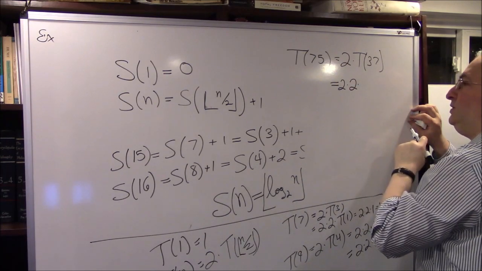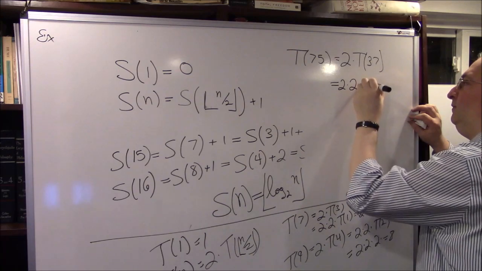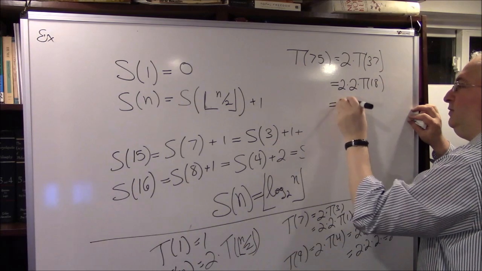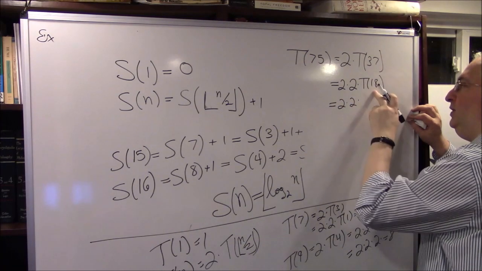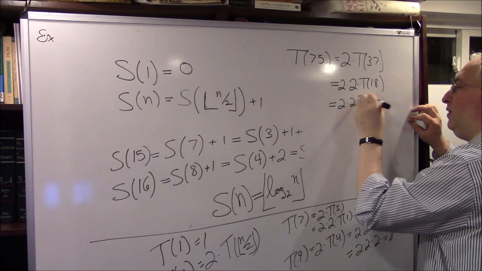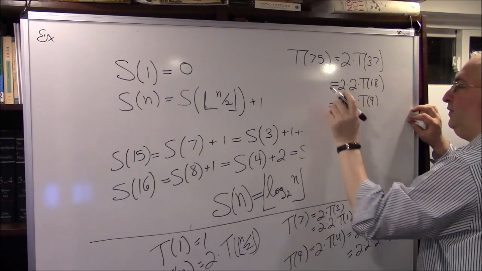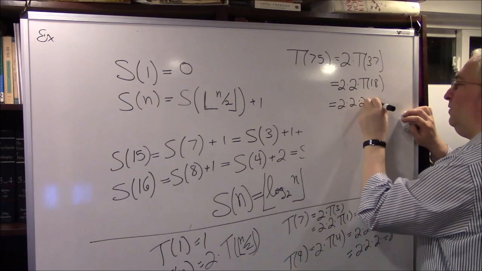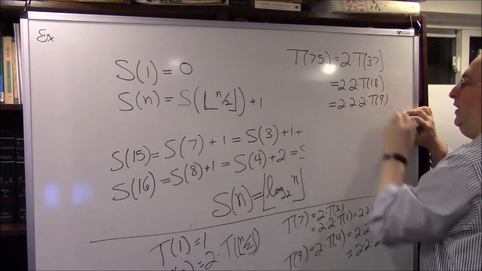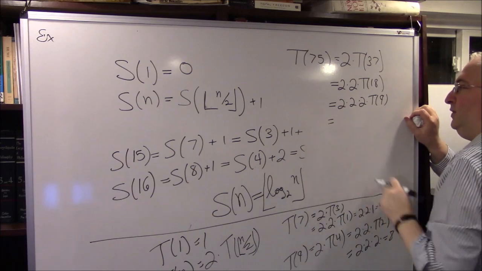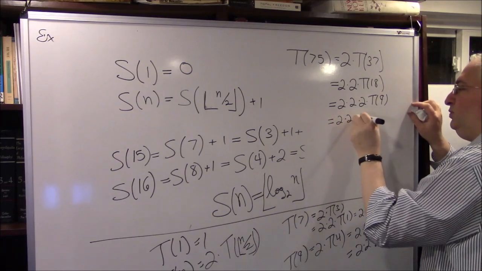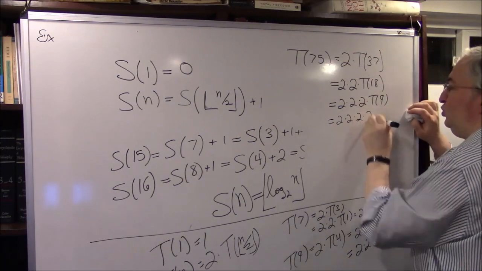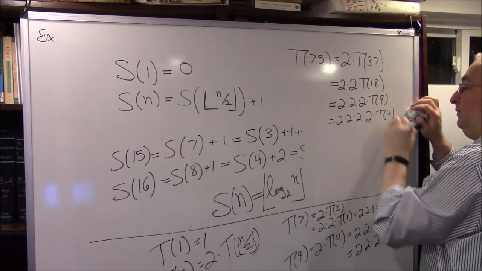So this is equal to 2 times, I think it's 18. Okay. 18 is equal to 2 times, 18 divided by 2 is 9. Oops, I forgot a 2. T of 9. Okay, and so this is equal to 2 times 2 times T of 4.